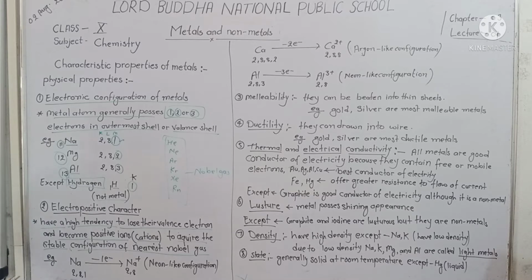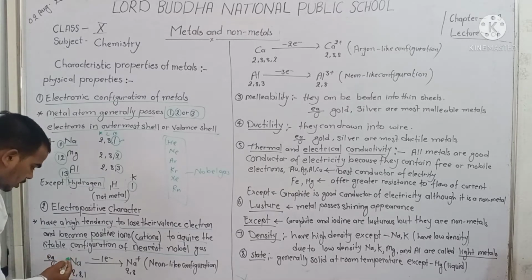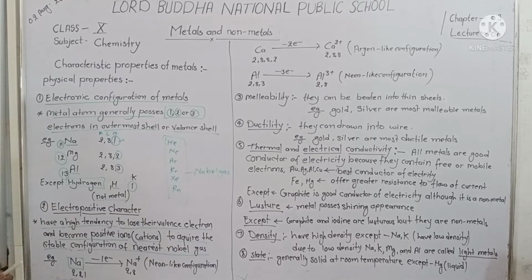Okay. Take sodium metal. You know that the electronic configuration of sodium metal is 2, 8, 1. After losing one electron, it converts into 2, 8. Due to losing one electron, it acquires one positive charge.